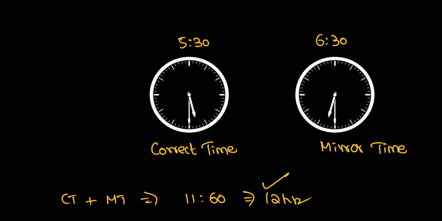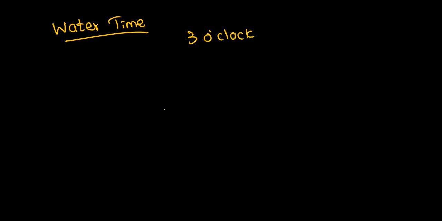Right. Now, my dear friend, why not water time? What is the problem for you? See the example, guys: for 3 o'clock, let me know the water time diagram. Okay, then we'll discuss. 3 o'clock is the correct time.